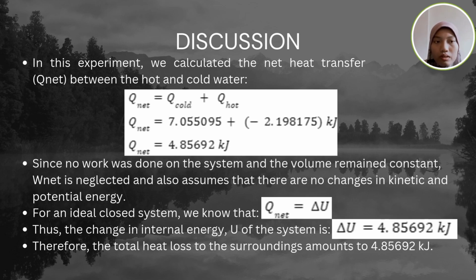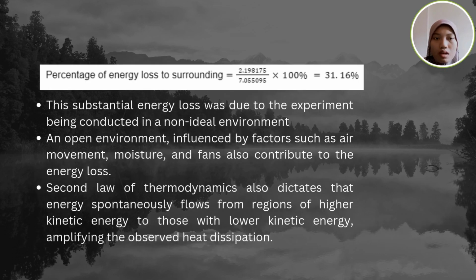So for an ideal closed system, we know that Q net is equal to delta U after we neglect the word net. Thus, the change in internal energy, delta U, of the system is 4.85692 kilojoule. Therefore, the total heat loss to the surroundings amounts also to the delta U.